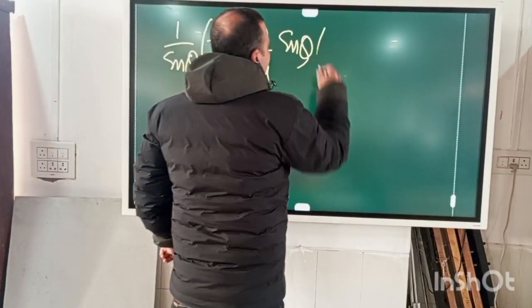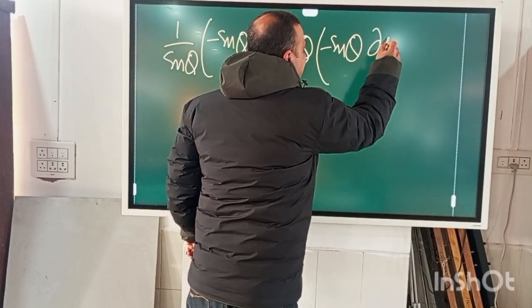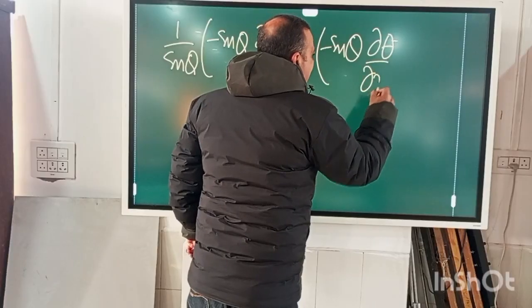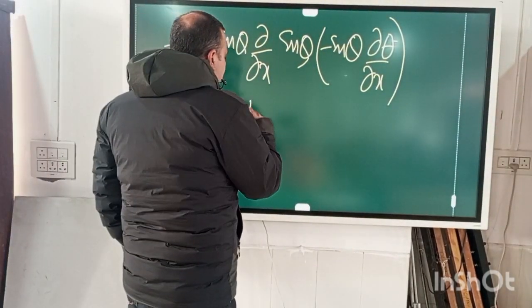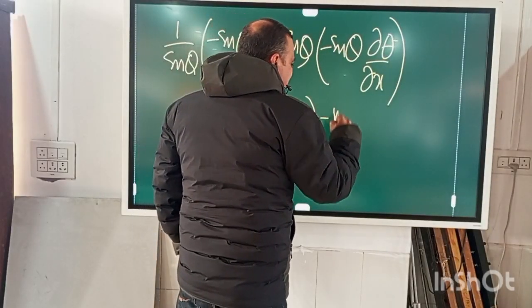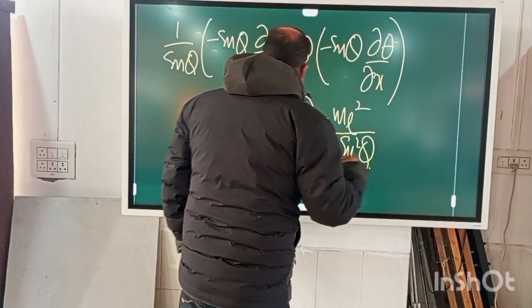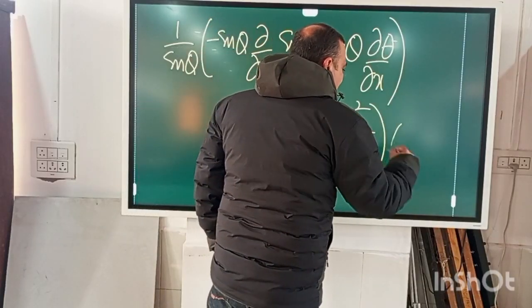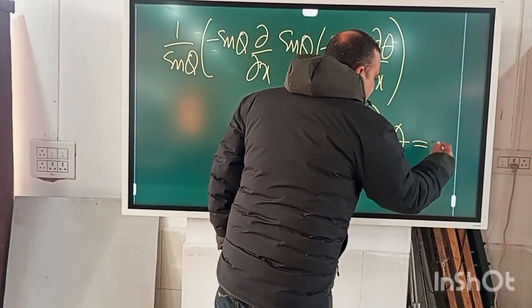Minus sine theta, dou capital theta by dou x. Then I have my own terms, plus L times L plus 1, then minus M L squared by sine squared theta. This whole thing is multiplied by capital theta, and this whole thing is equal to 0.